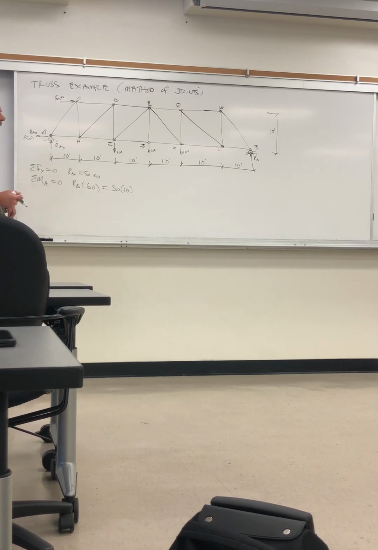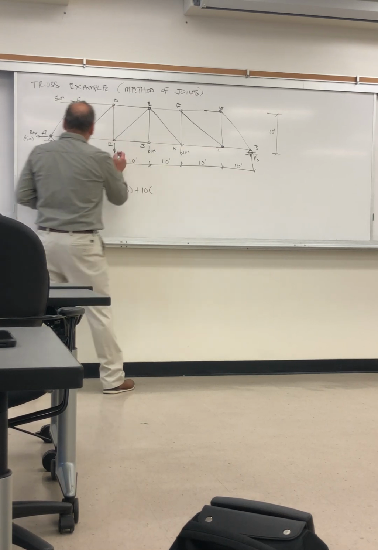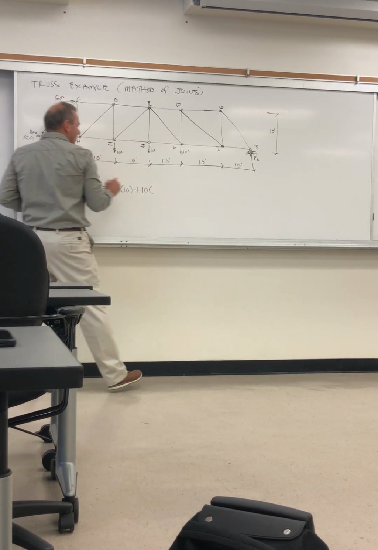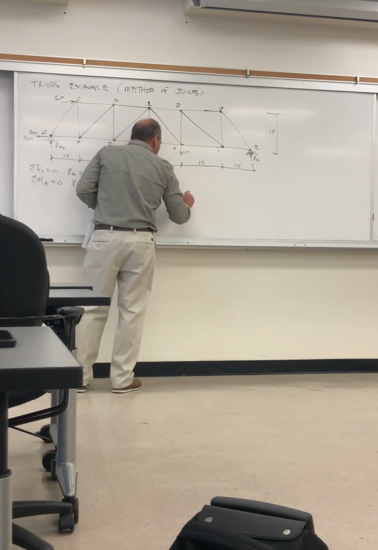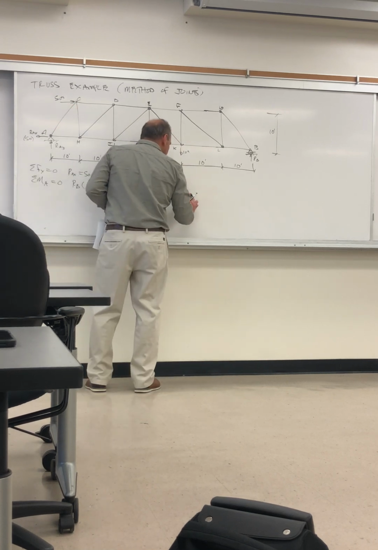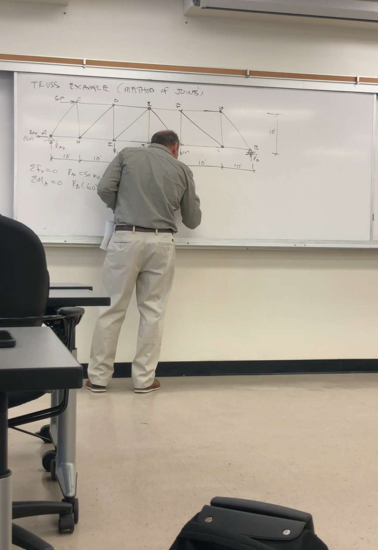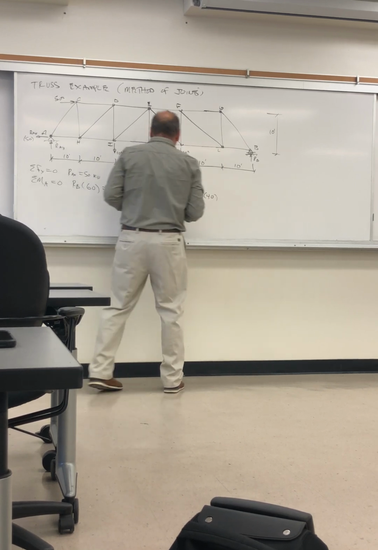What's clockwise, what's counterclockwise. So this is plus 10, that's 10 kips, multiplied by 20 feet to A, plus 10 times 30, plus 10 times 40.